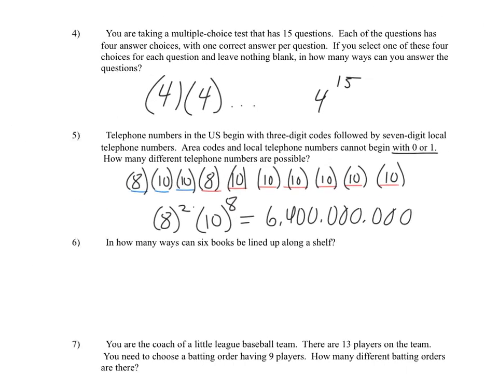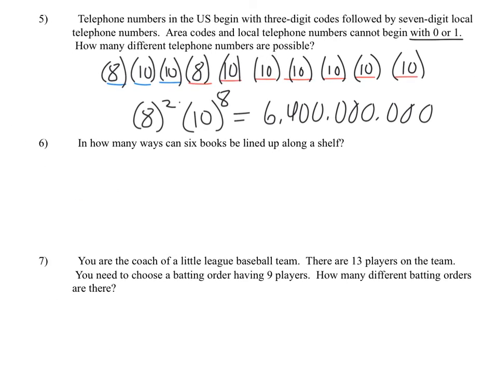All right, let's keep moving. Here, number 6. How many ways can 6 books be lined up along a shelf? What I need to figure out, does order matter? Well, it must, right? Because if it didn't matter, I'd just have 6 books on a shelf in any order I like. So I really like this thinking about slots idea.